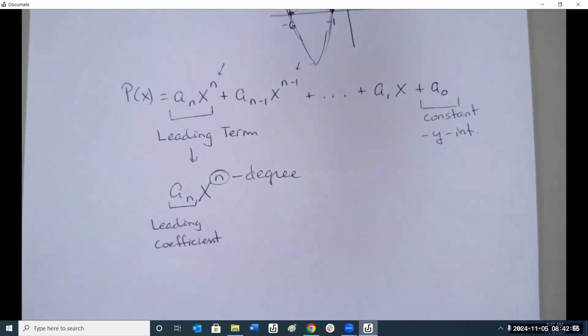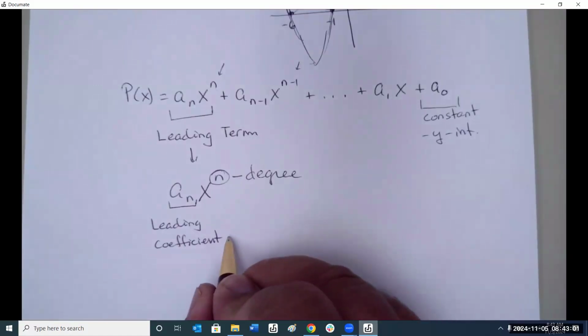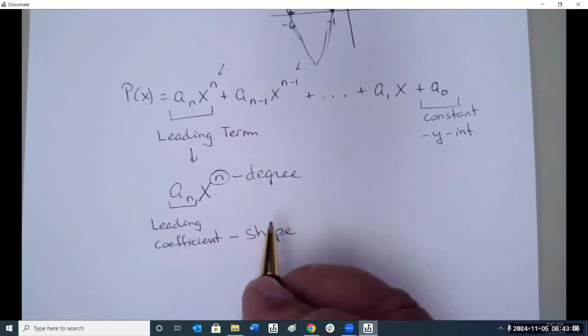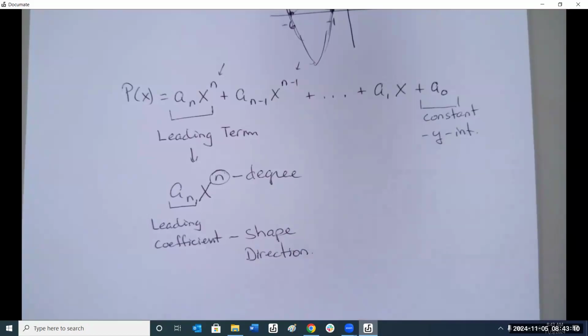The leading coefficient serves a little bit more duties here. It tells us the shape and the direction of the graph. We've actually seen this already in chapter 2, section 5, the last one, the transformations.